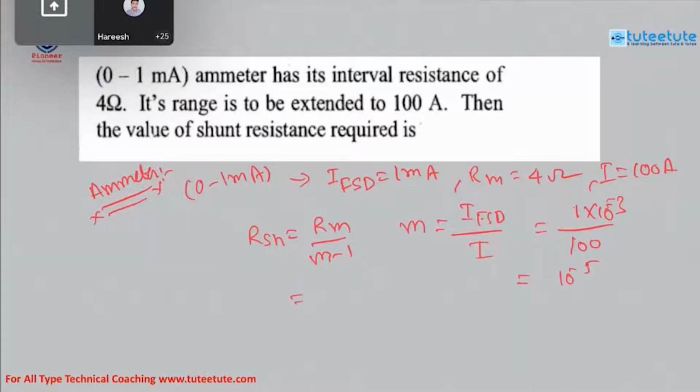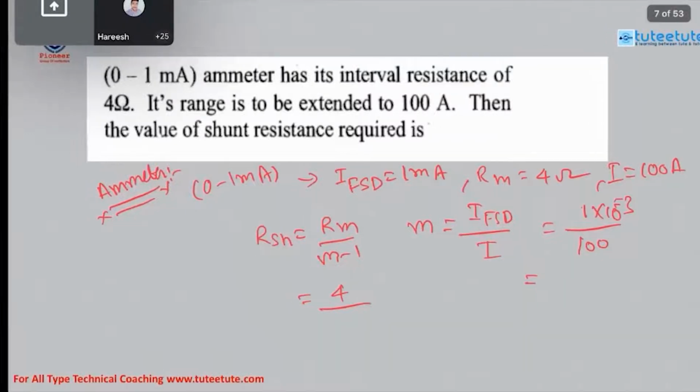Rm they gave as 4 ohms divided by 10 power minus 5. Just substitute the values here. 1 milliamp they gave. What is this? I by m.